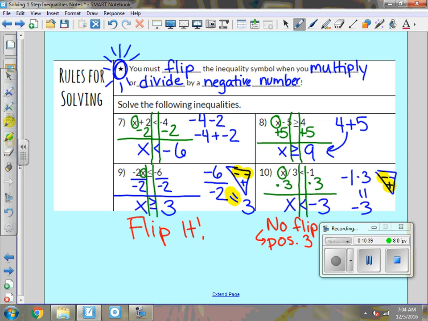Here in number 9, we did flip because it was a negative 2. So really, inequalities are even easier than equations because there's only the one step. The only time we have to be careful is when we are writing out that inequality symbol. Remember, we have to flip it when we multiply or divide by a negative number, and we'll get plenty of time to practice that.